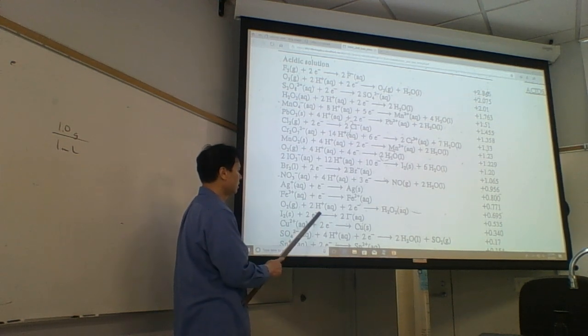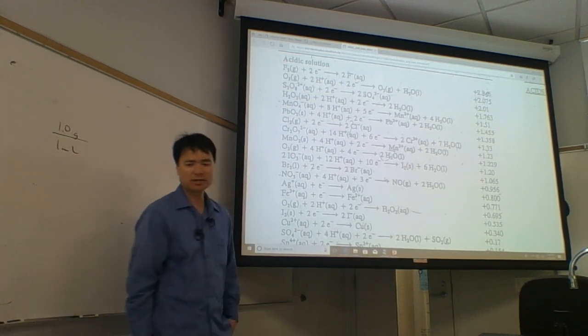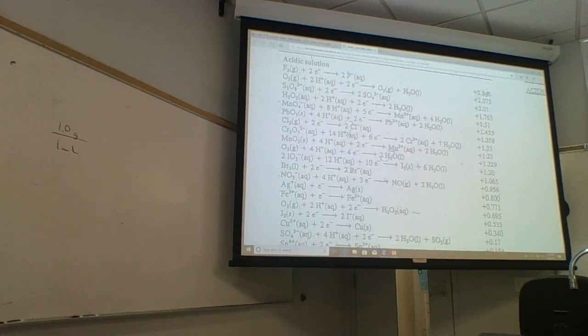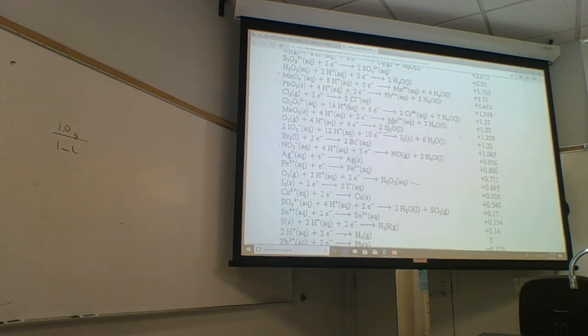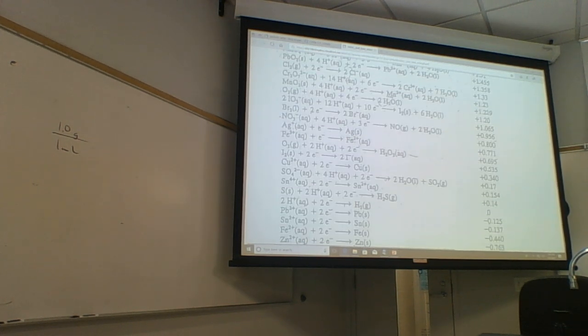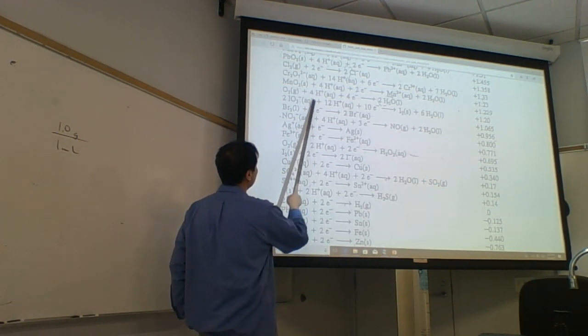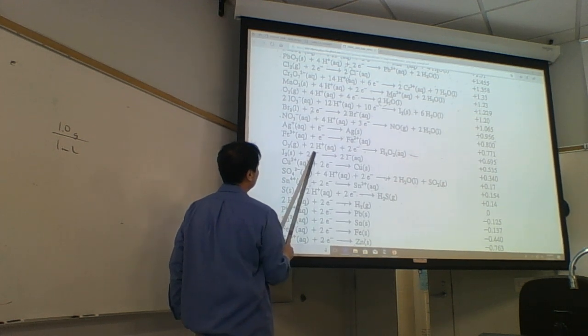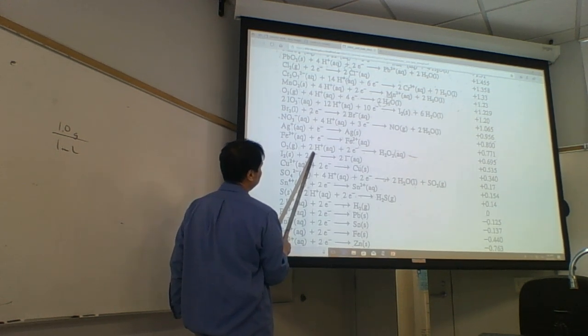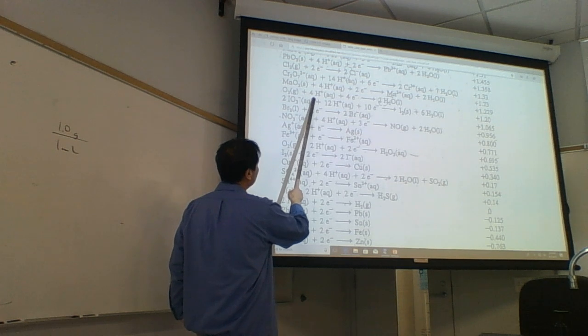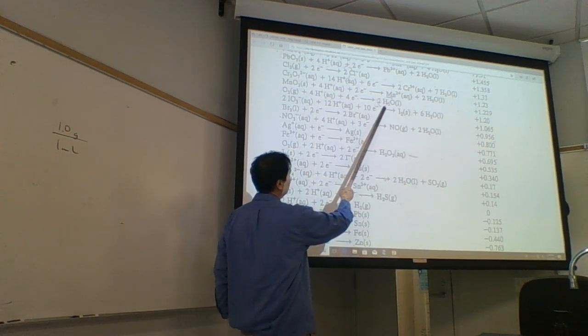This one? Oxygen and. Didn't we just see oxygen and acid? The other one has 4 H pluses. This one has 2 H pluses, so it's different. More acid here. And then what else is different? Yeah, this one forms water.